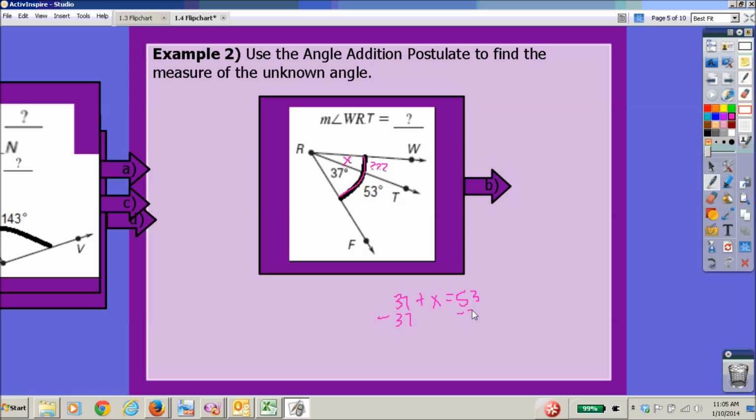I'm going to subtract 37 from both sides. So I get that angle measure WRT measures 16 degrees, because 16 plus 37 is going to give me a big angle of 53.